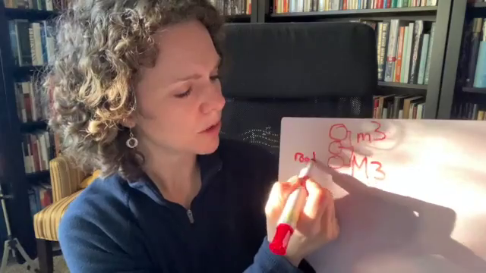A major triad has a major third on the bottom between the root and the third, and a minor third on the top between the middle note and the top note. I want to review that we call the bottom note the root. Think roots are in the ground, like a tree root, so it's the lowest note.